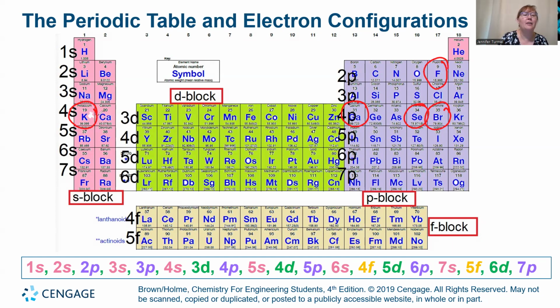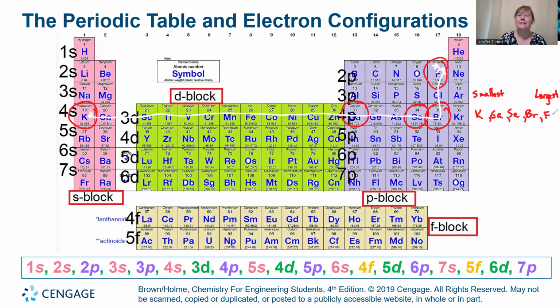So we're going to start here with the potassium, and we're going to connect our dots as we go across the periodic table and then up to our top one there. So if we're going smallest ionization energy to largest ionization energy, we will go potassium and then gallium, selenium, bromine, and fluorine.